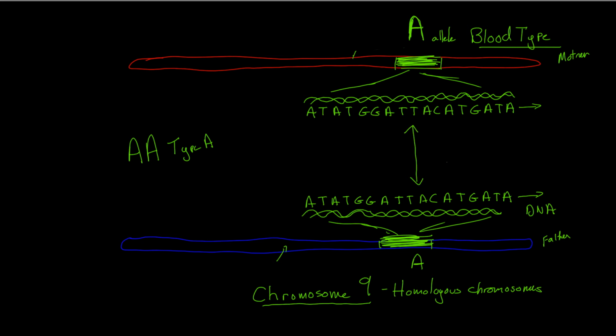We call this homozygotic. Homozygotic. It has the same sequence. They have the same allele at the same locus, which is the position on the chromosome. That's homozygotic. The same.